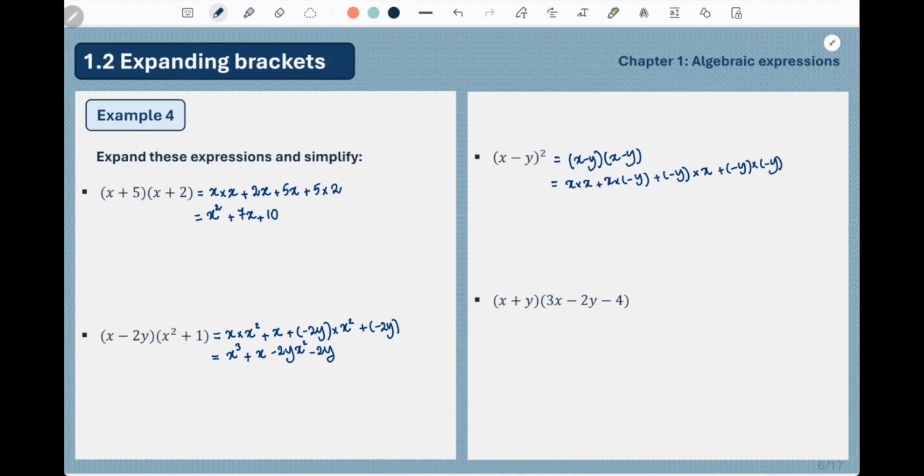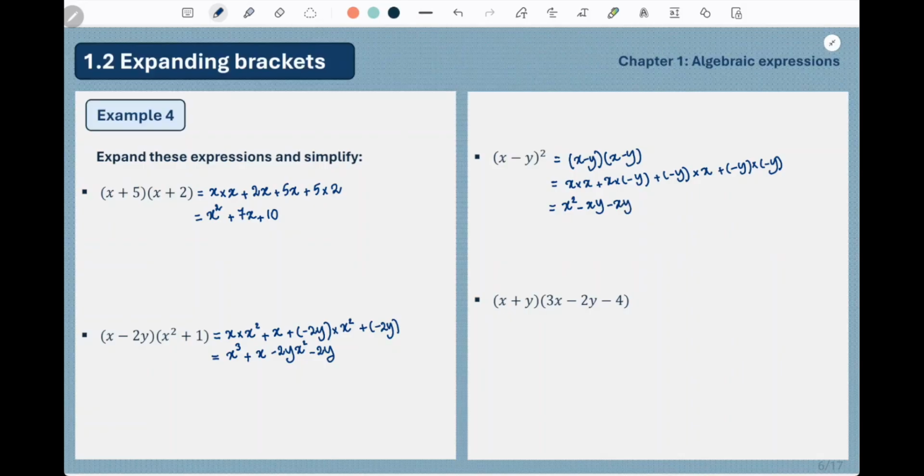Now we're going to simplify. So x times x is x squared, x times minus y. Again, we need to be careful with the signs. I'm going to write minus because plus times minus is minus xy. And then here, minus xy again.